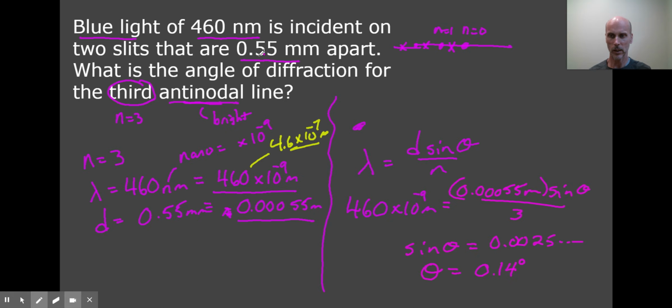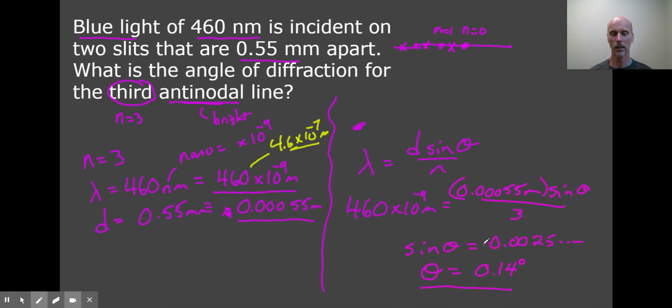Two significant digits because of the d. Again, get used to it. Sometimes the angles are pretty small, and that's just the nature of these kinds of questions and the interference pattern when you do it with light.